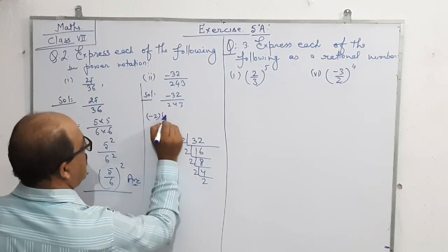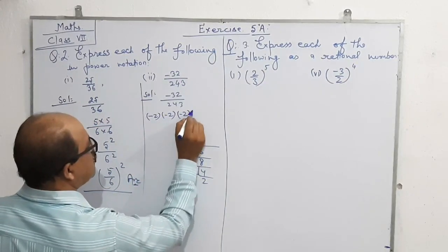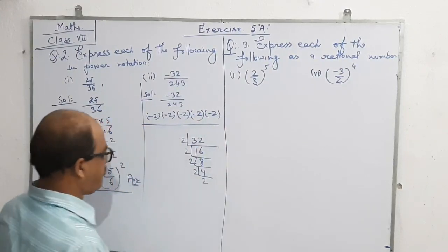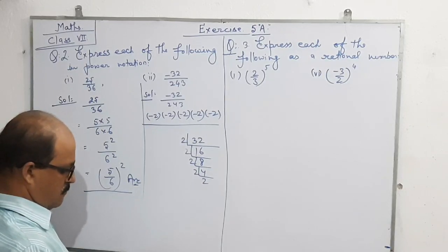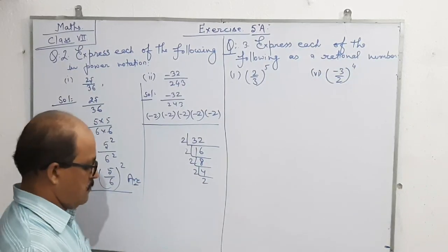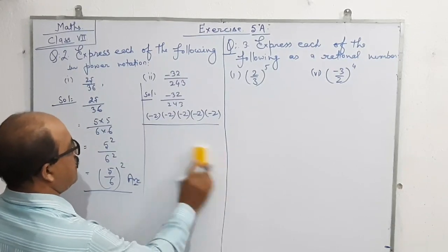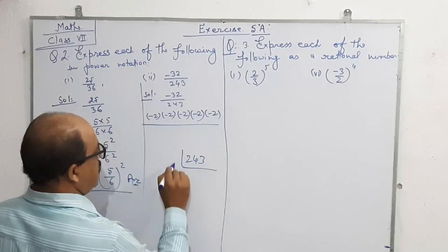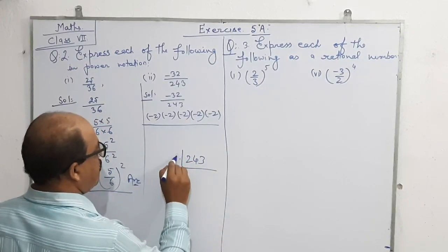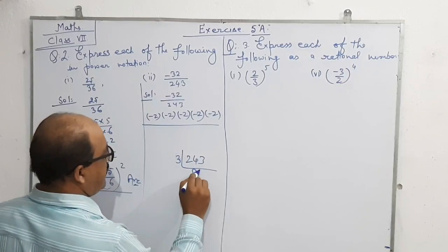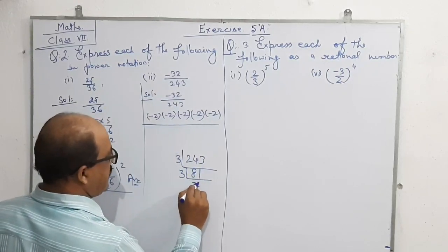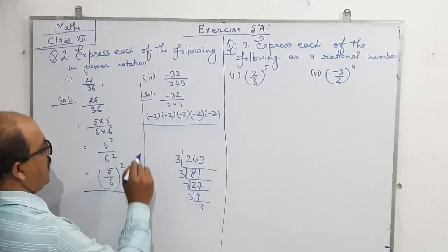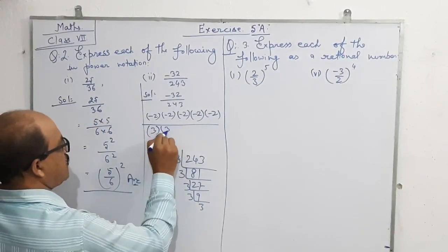Minus 2 into minus 2 into minus 2 into minus 2 into minus 2 by 243. 3 of 3 8 ja 24 and 3 1 ja 3, 27 ja 3, 9 ja 3, 3 ja. Also 3 has come 5 times.